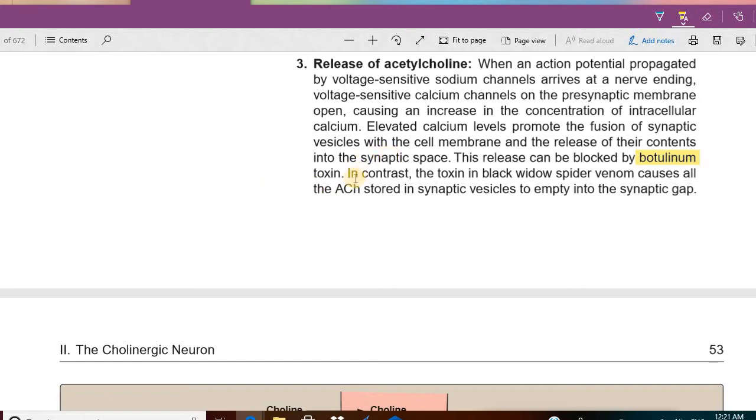In contrast, जबकि black widow spider venom का toxin causes all the acetylcholine to be released, अगर botulinum toxin है वो inhibit करेगा, जबकि black widow spider का जो टॉक्सिन है वो एसिटाइलकोलिन के रिलीज को ज़्यादा करेगा. इससे ब्लड प्रेशर लो हो जाता है जब आपको स्पाइडर काटती है. ब्लैक विडो स्पाइडर है, जब एसिटाइलकोलिन ज़्यादा होगा तो आपका ब्लड प्रेशर लो हो जाएगा और लो ब्लड प्रेशर से भी आपकी डेथ हो सकती है.